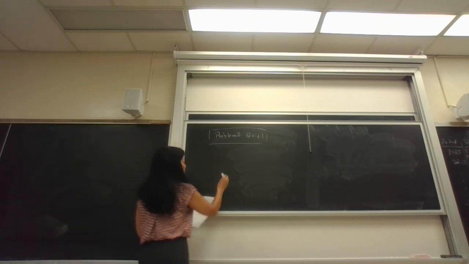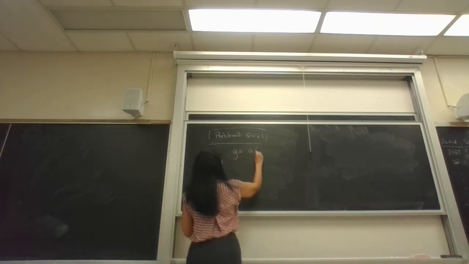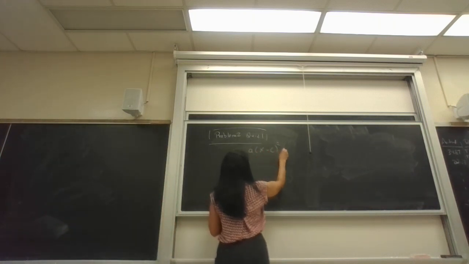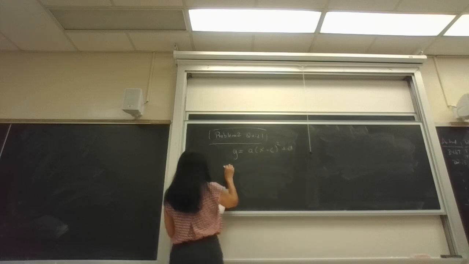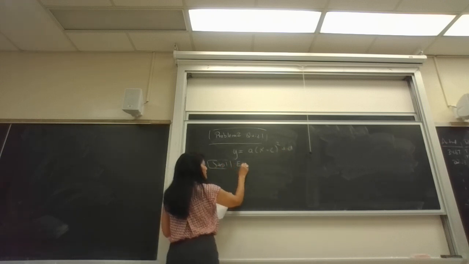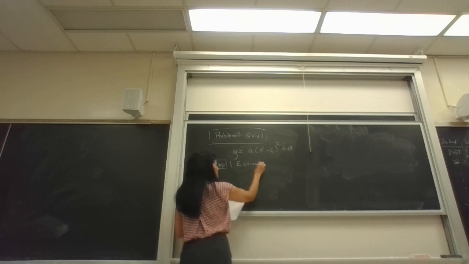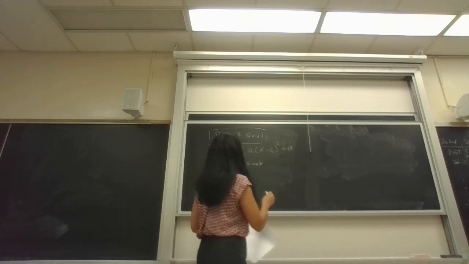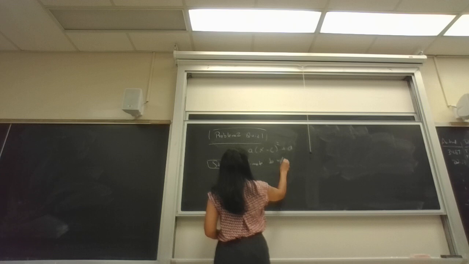So the form of that is y equals a(x minus c) squared plus d. So your step one is to estimate b with eyeballs.